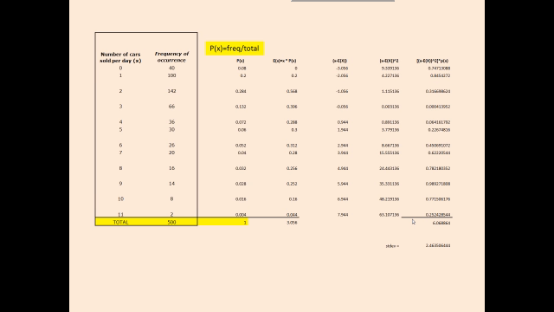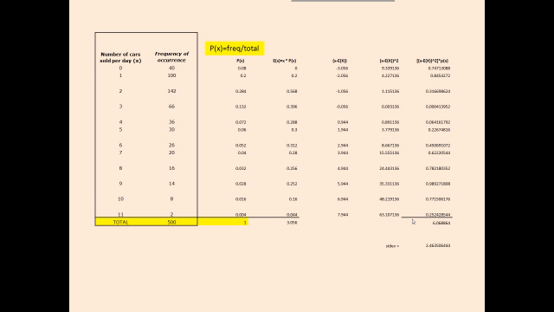Well, it's quite common to have some past data as we do in this case. And when we've represented it in the original table, we've got the number of cars sold per day from 0 to 11, and then we've got the frequency. To create a probability distribution, what we've got to do is work out the probability of each outcome.